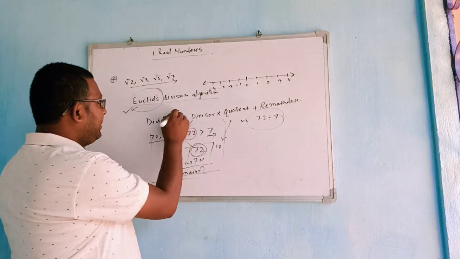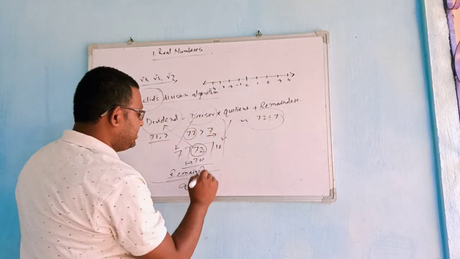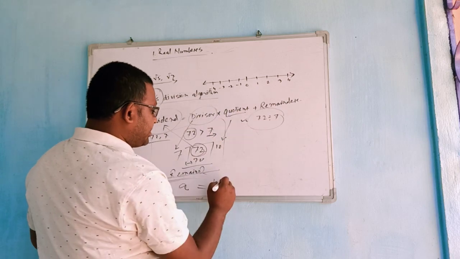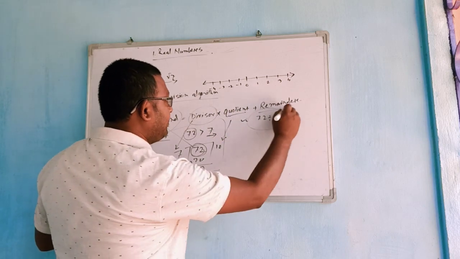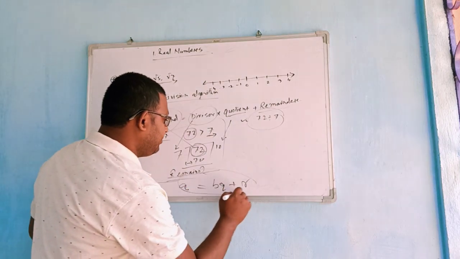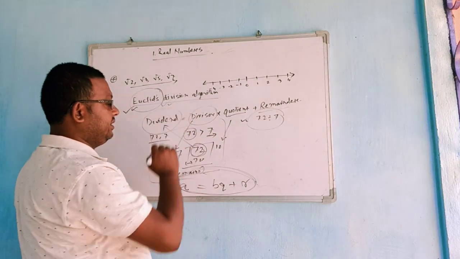Here the dividend is represented by A, the divisor by B, the quotient is Q, and the remainder is R. So A = B × Q + R is what is followed as Euclid's division lemma or Euclid's division algorithm.